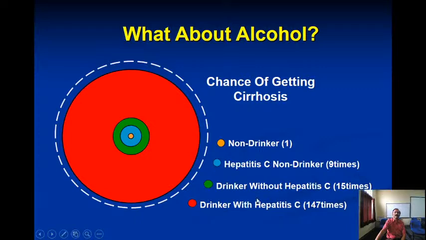And without hepatitis C, a drinker compared to a non-drinker has 15 times more chance of cirrhosis, and 147 times if he has got hepatitis C. One of the studies, you can take it or leave it that way.